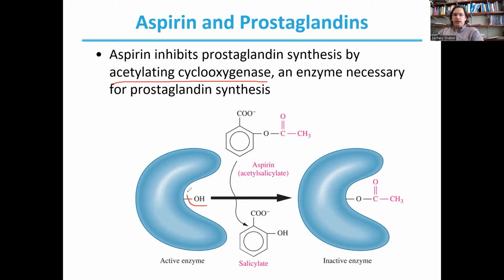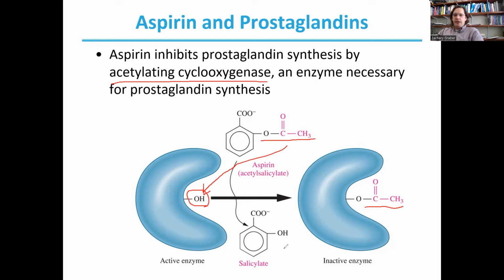Within the active site of our cyclooxygenase, we have a key serine residue. And this serine can react with aspirin to create an ester. So aspirin has this key ester group that can transfer our acetyl group, marked in red, onto our alcohol of our serine.